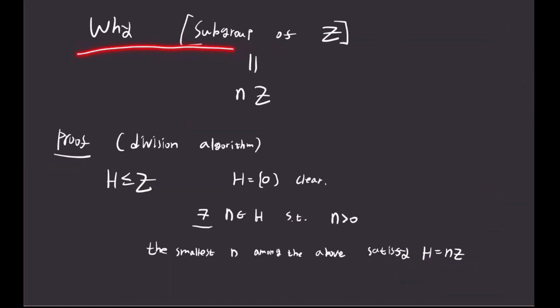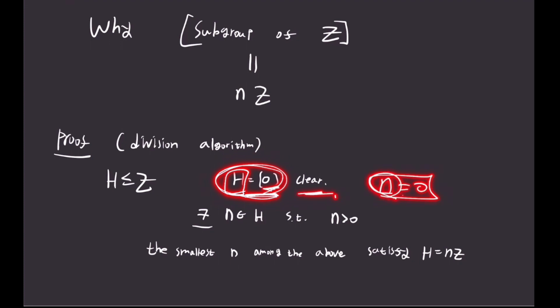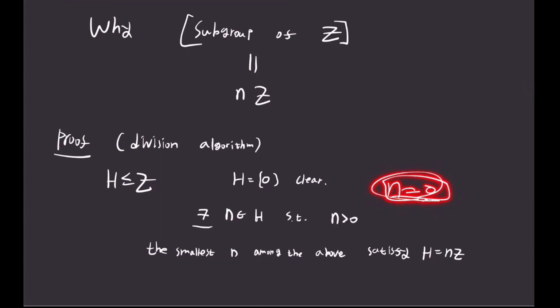Why does a subgroup of the integers have to be of the form nZ? I'll use the division algorithm to prove this lemma. Let's write H to indicate a subgroup of the integers. If H has only identity, then it is clear, because we can write H as zero, and it's identity.